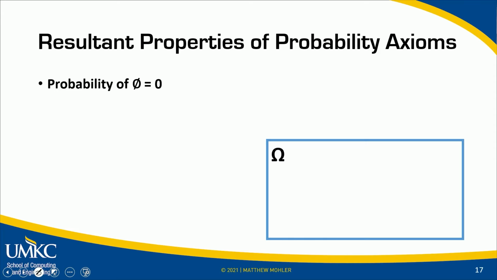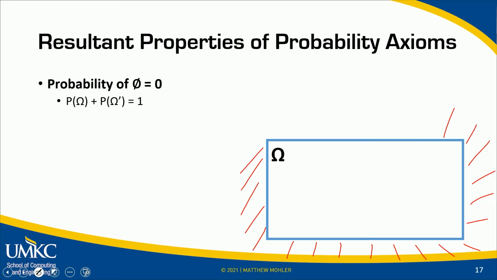Now, the next resultant property that we'll look at is that the probability of an empty set, or a set containing no elements, is equal to 0. This intuitively makes sense, but again, we'll work through a little bit of the math that goes into that. We can say that the probability of omega plus the probability of the complement of omega, so everything outside the sample space that we're concerned with, has to be equal to 1.